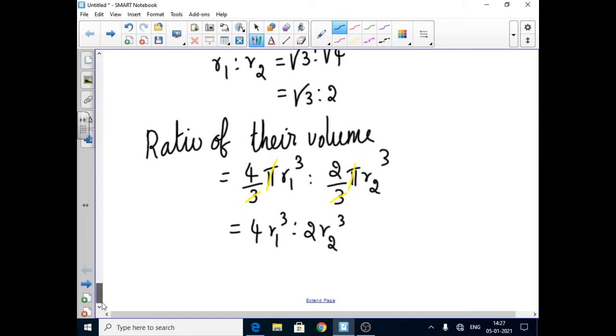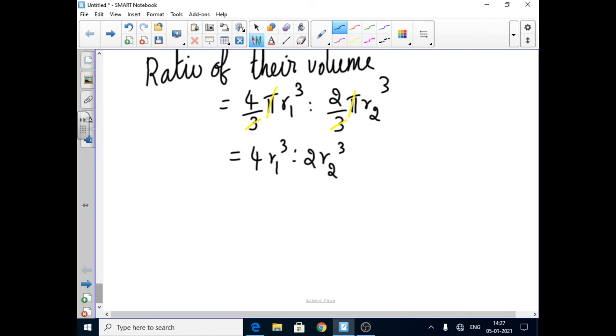So for √3 is to 2, 4 into that, that is √3 cube is to 2 into 2 cube.